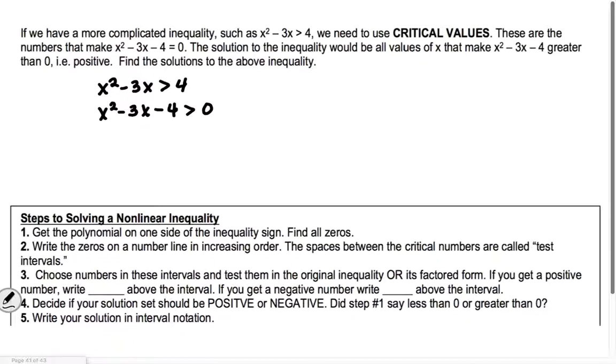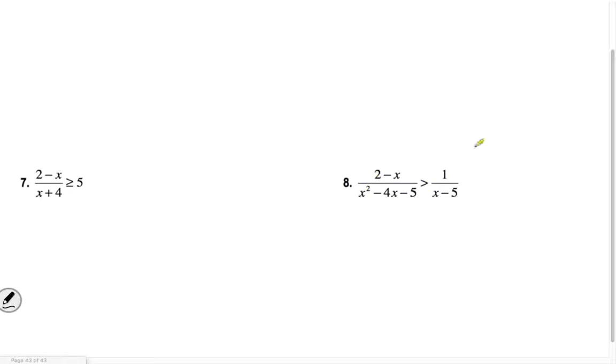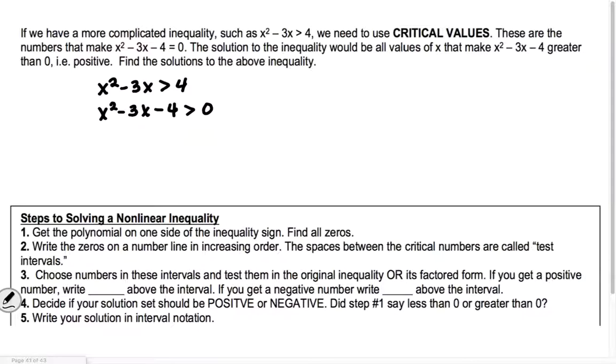I'm just going to find what I call critical values, the numbers that make it equal to 0. We're also going to have numbers that make it undefined. If you look forward to the rational functions, those are also going to be critical values when the denominator is equal to 0, and we'll talk about why that is.